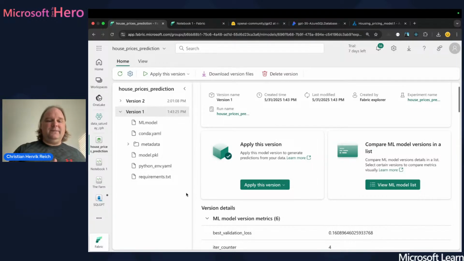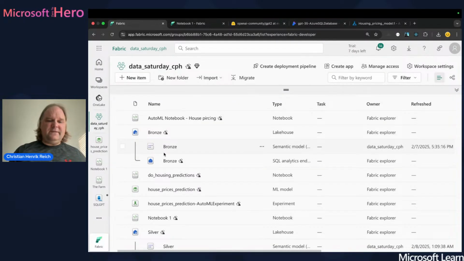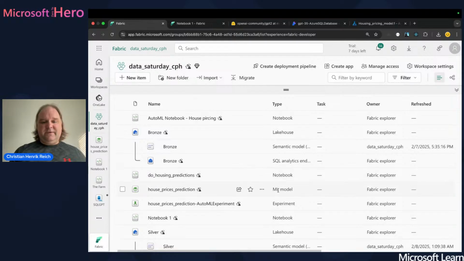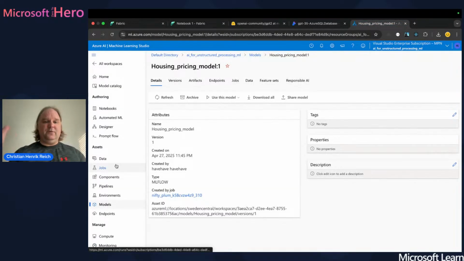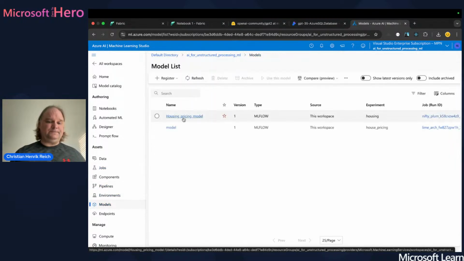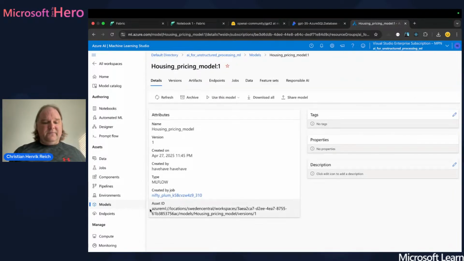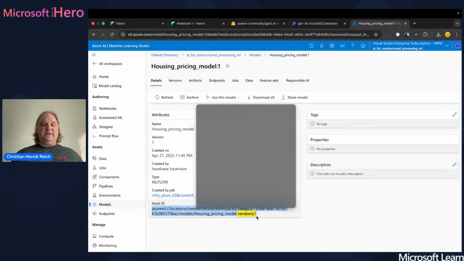It's like, okay, let's build some machine learning, let's build some models, but I think they have made it a little bit complicated, because then we have a model which can live by a lakehouse, which can live by a notebook, so it can be a bit confusing if I'm holding it up to Azure Machine Learning, where I have this model pane, and I have my models here, and you can see it also using MLflow, and we can reach the model by using this URL.